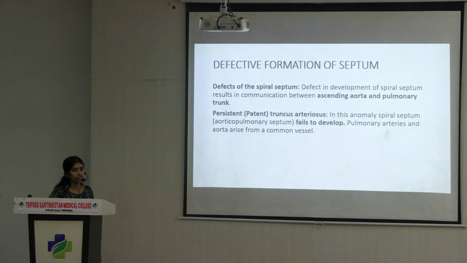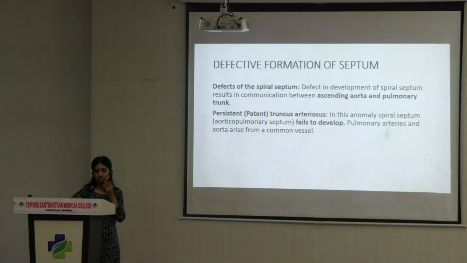The next condition is defects that we see in the formation of the septums. The very first condition is defect of the spiral septum, where we have discussed the spiral septum.